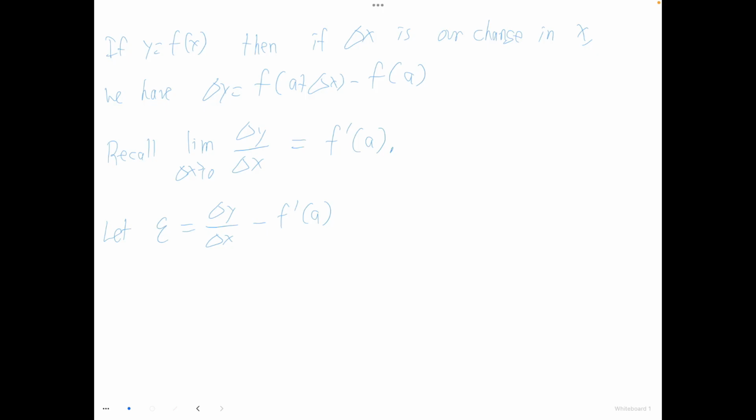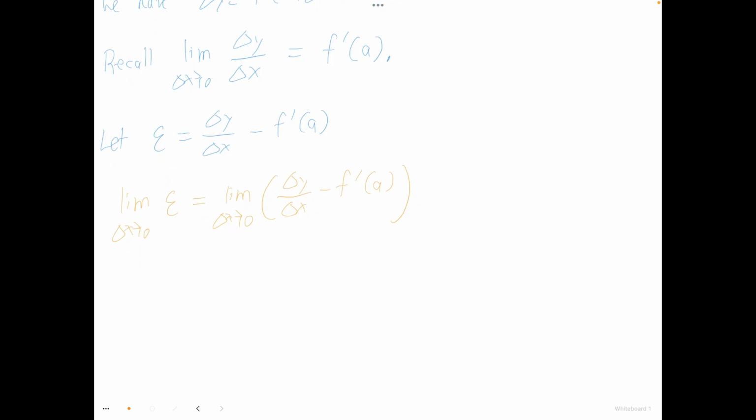What we then have is that if we take the limit as delta x goes to 0 of epsilon, this is the limit as delta x goes to 0 of delta y over delta x minus f prime of a, which we can rewrite using limit properties as the limit as delta x goes to 0 of delta y over delta x minus the limit as delta x goes to 0 of f prime of a.